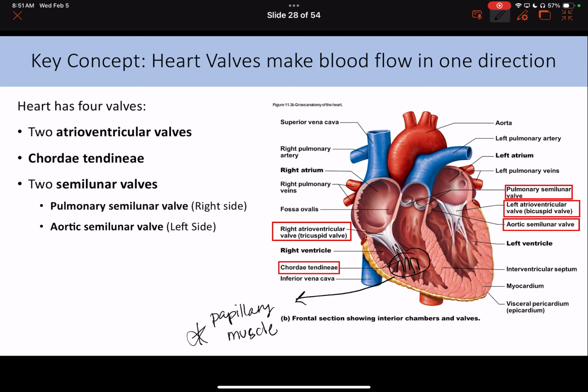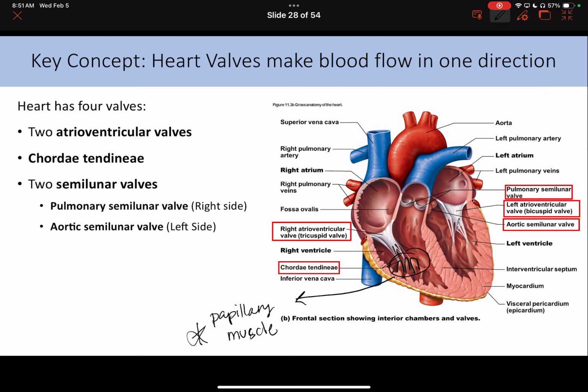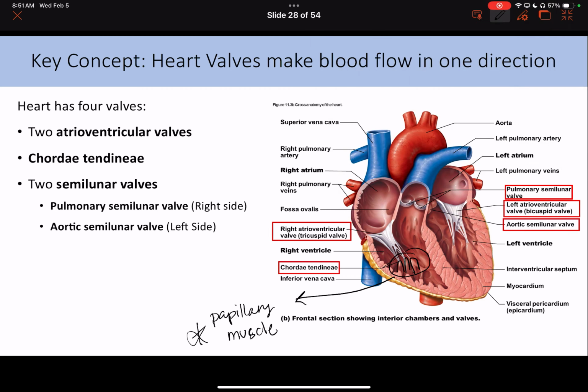Then we have what are called semilunar valves, and we have two of them. They look like two little half moons or crescent moons. The one on the other side looks like little butt cheeks or something. But those are our semilunar valves. We have a pulmonary semilunar valve, which blood flows through before it gets out to the lungs on the right side.